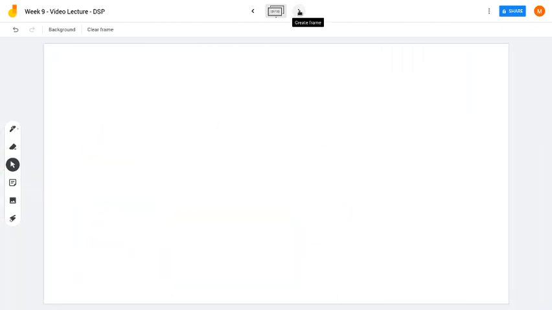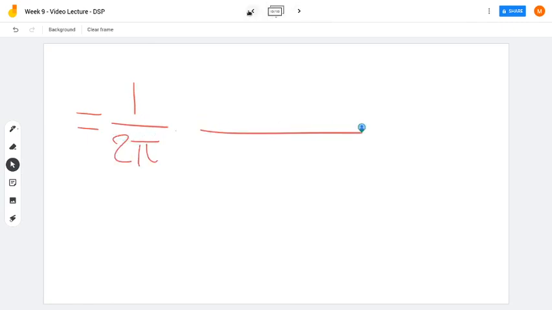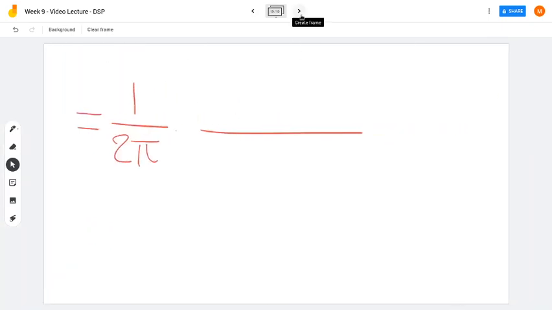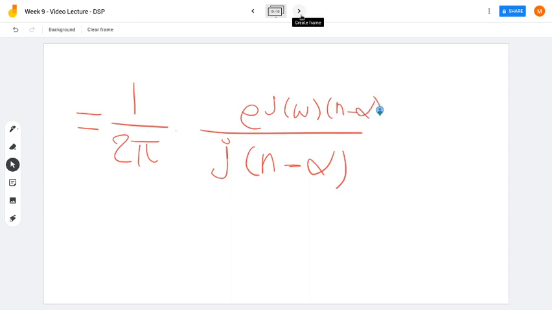It will be 1 over 2 pi, and now since we are integrating with respect to omega, we will divide by j (n minus alpha). So it will be over here j (n minus alpha), and here we'll be having e to the power j omega (n minus alpha), and we'll substitute from minus omega c to omega c.